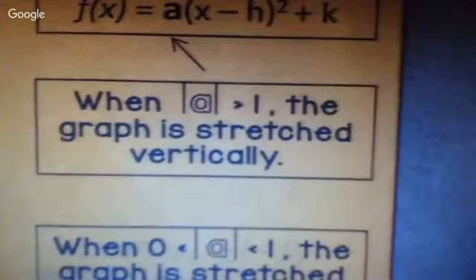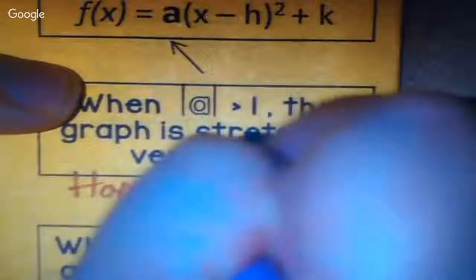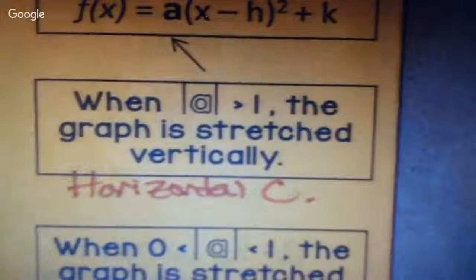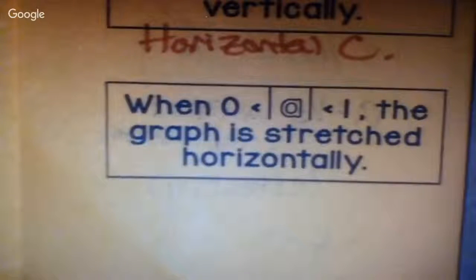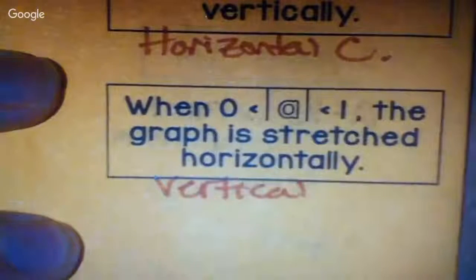When your A value is greater than 1, it's stretched vertically, which means it's a horizontal compression. And then if it's between 0 and 1, so if it's a fraction, it's stretched horizontally or a vertical compression.